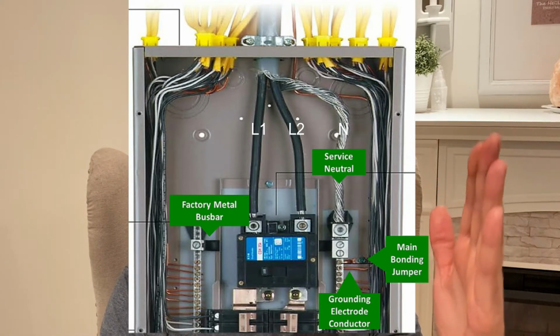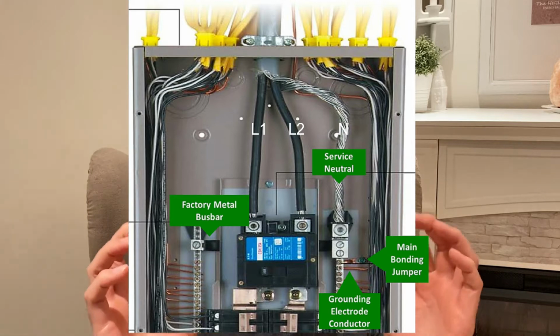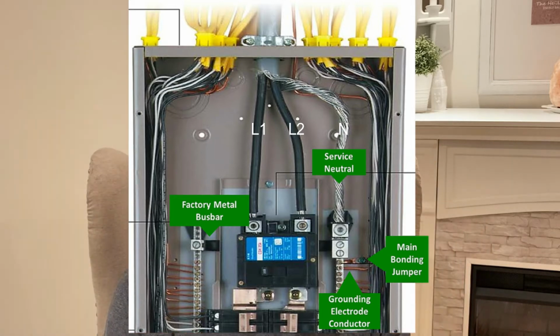One line feeds one side of the panel and the other line feeds the second side. So there are 2 sides, with a whole series of breakers responsible for distributing the electricity through your home.